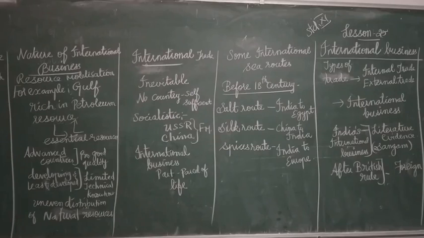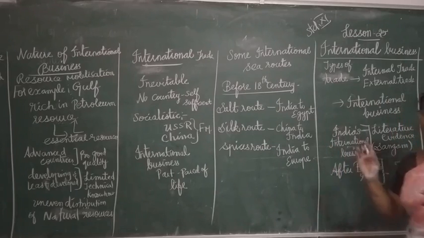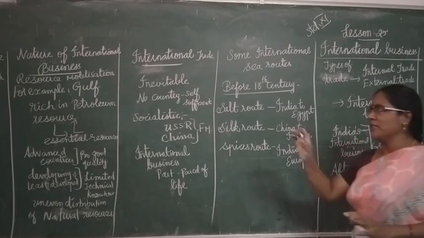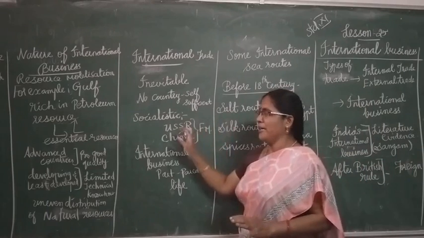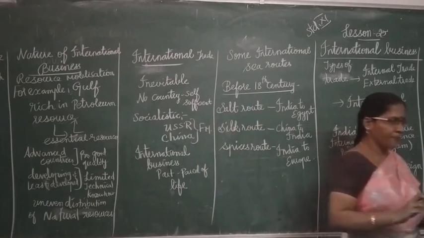International trade has become inevitable after the Second World War, since no country remains self-sufficient in terms of resources available in the country. They must rely on other countries, as all resources are not possible in the same country.